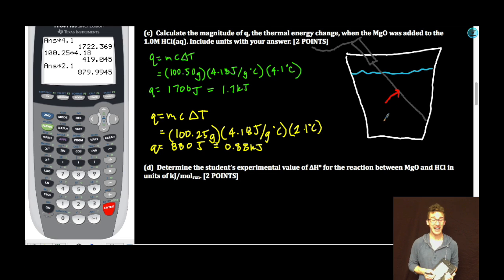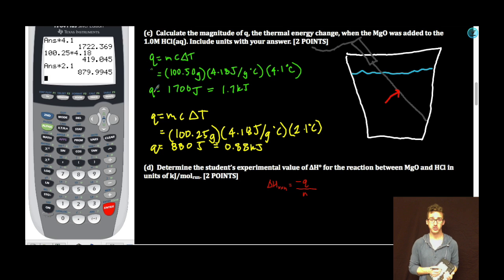So because the reaction itself is giving heat off, we need to keep in mind that delta H of the reaction is equal to the negative of Q over the number of moles of our limiting reactant. Now, if you're like, what? Hang tight, let me work through this problem, and I think it'll make a little more sense.